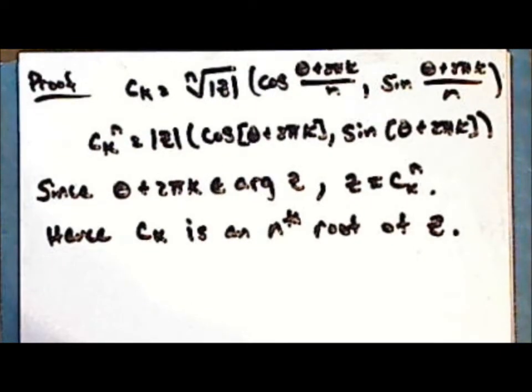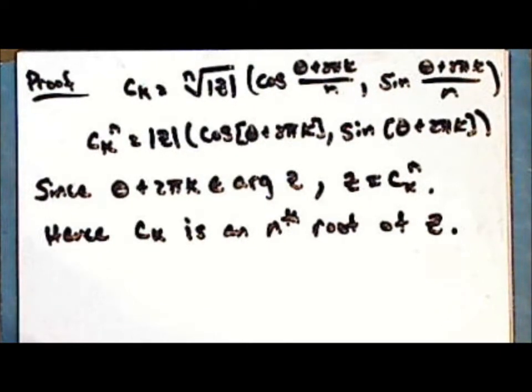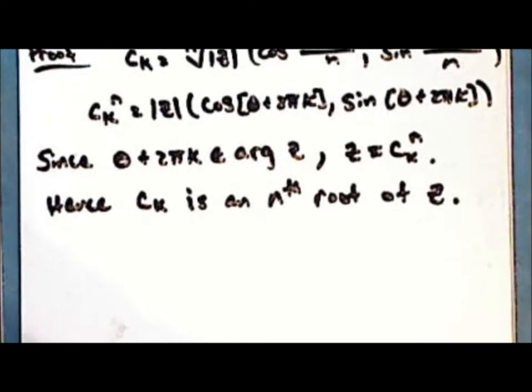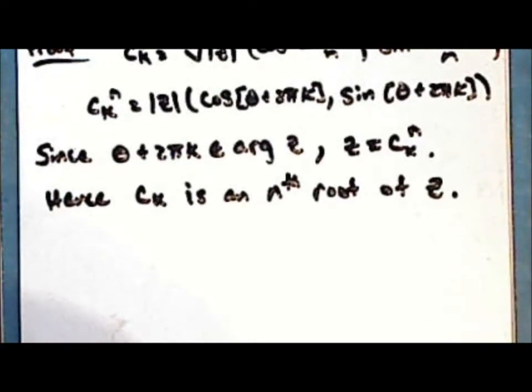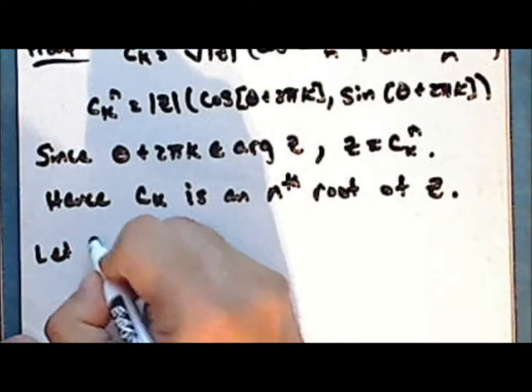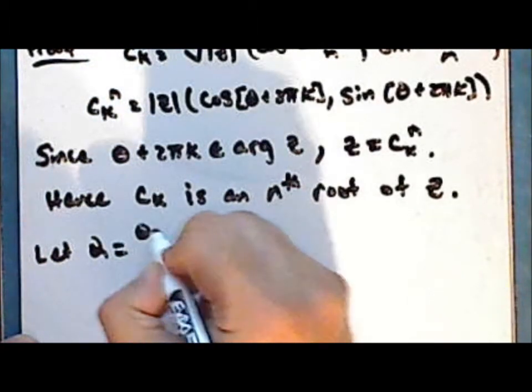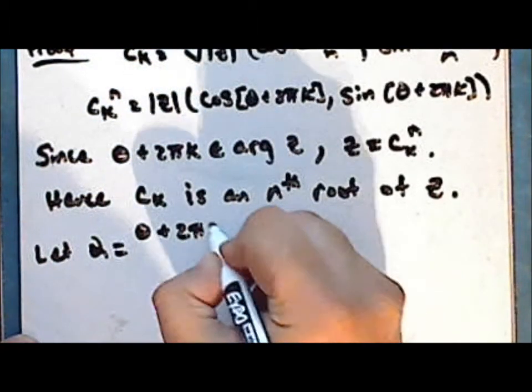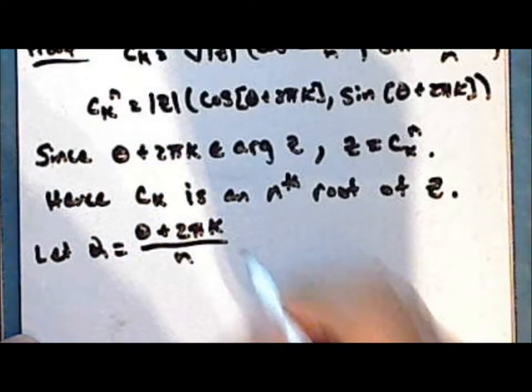Alright, so now we need to demonstrate that there are exactly n distinct values for c sub k. So let the argument alpha be theta plus 2 pi k over n.